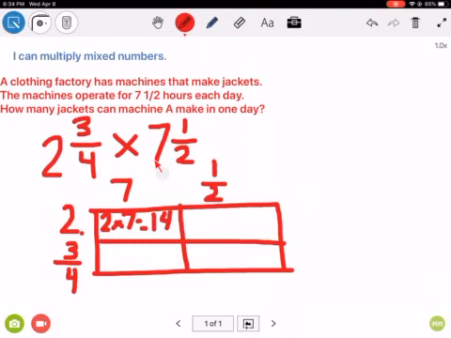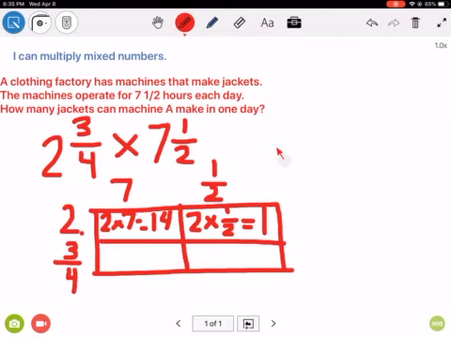And then I'm going to multiply 2 by 1/2 for my next box. So if I multiply 2 by 1/2, my answer is going to be 1. Okay? That's my first row, so I'm done with my first row.